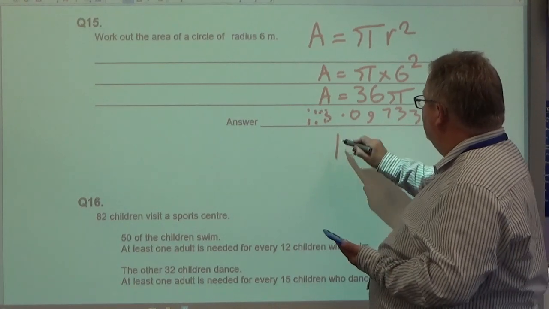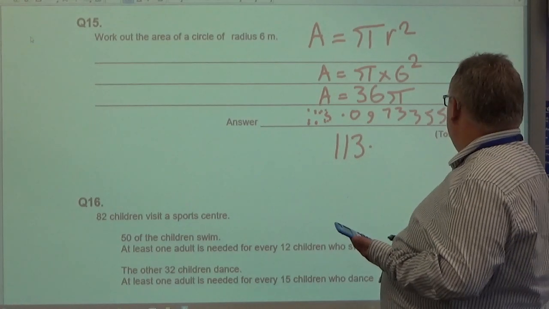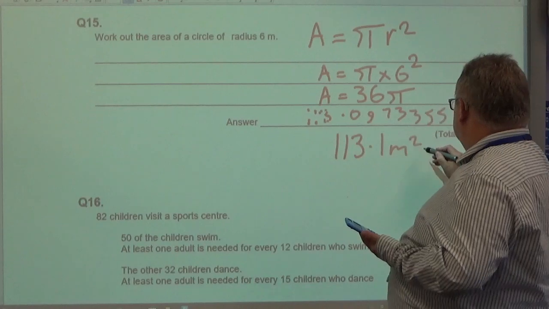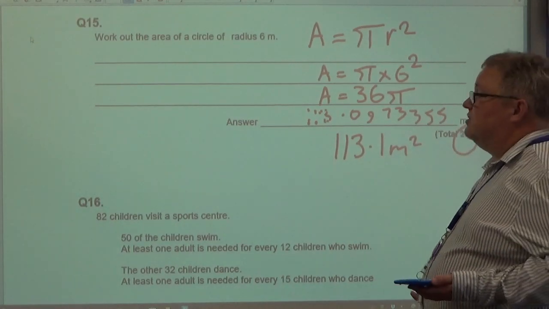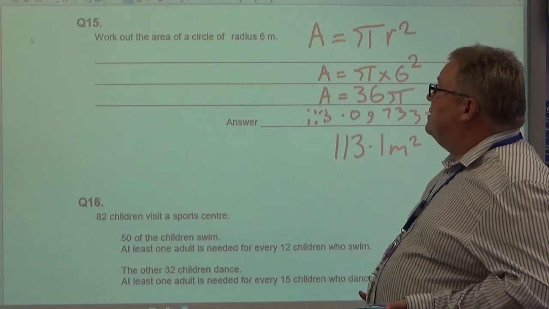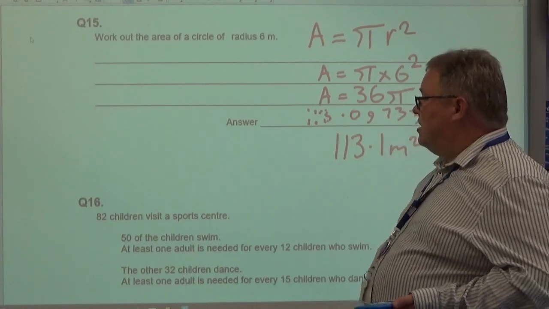So if you got that, 113 would probably be okay, meters squared, or 113.1 meters squared. So nice 2 marks there, so long as you know your formulas. Obviously, if it was a circumference, it would be pi times the diameter, or pi times 2r.